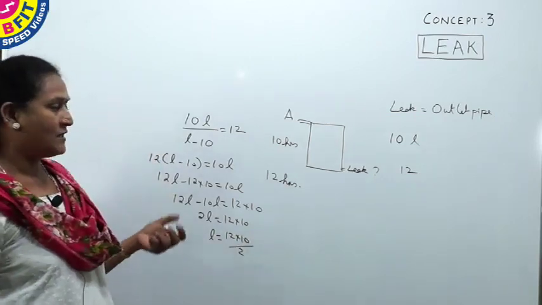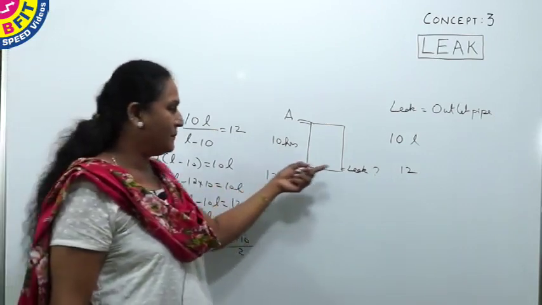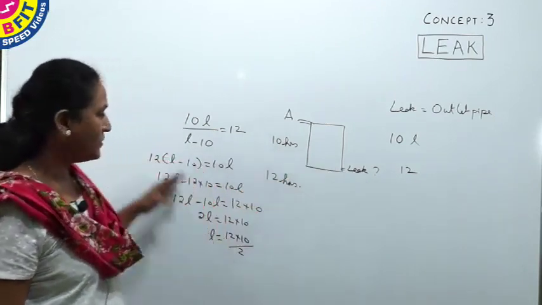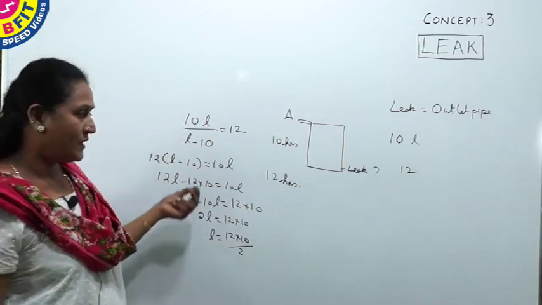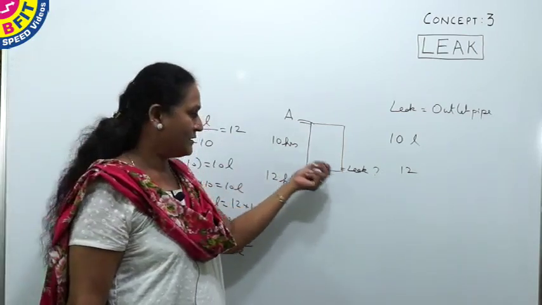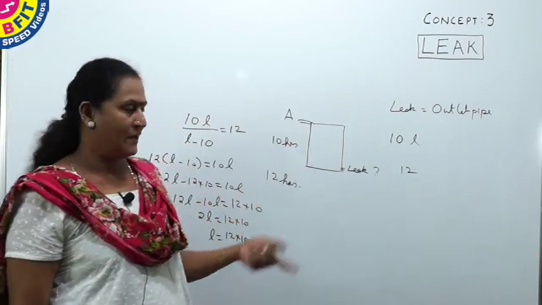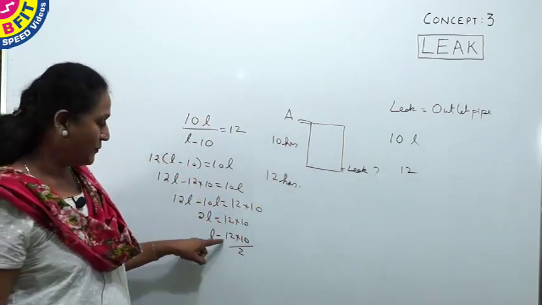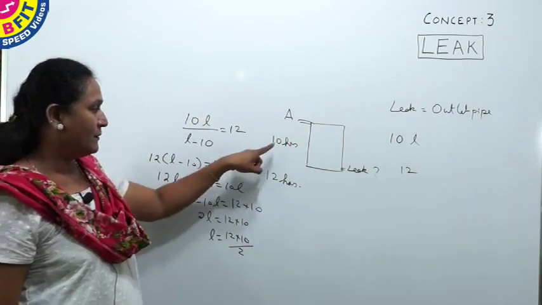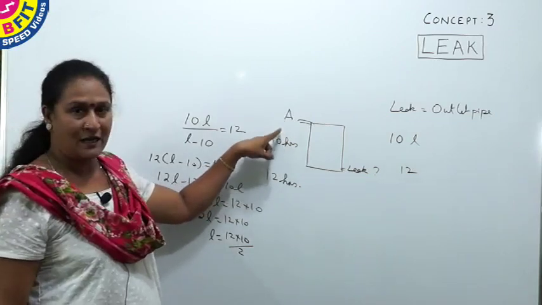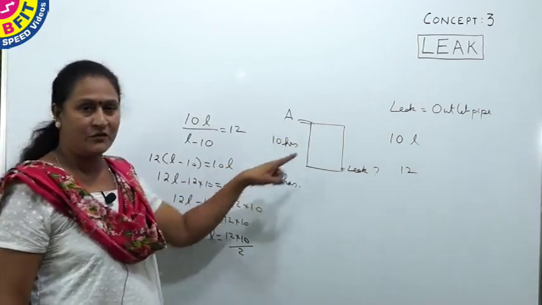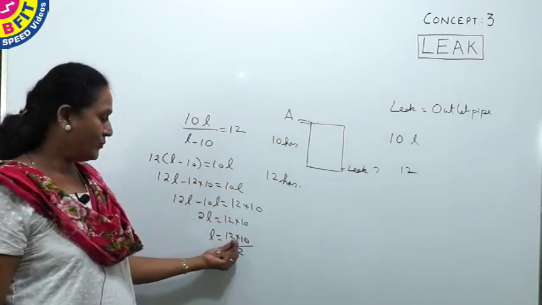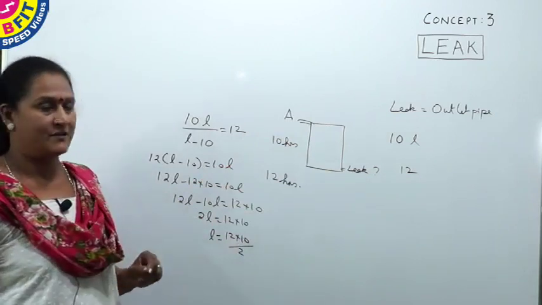So whenever they ask this question, what is the time taken by the leak to empty the whole tank, instead of doing all this, you can consider this leak as a pipe emptying a tank, and just write the product of the time taken, that is the time taken by A, the usual time, and now the time taken by A because of this leak. So the product of these two times by the difference.